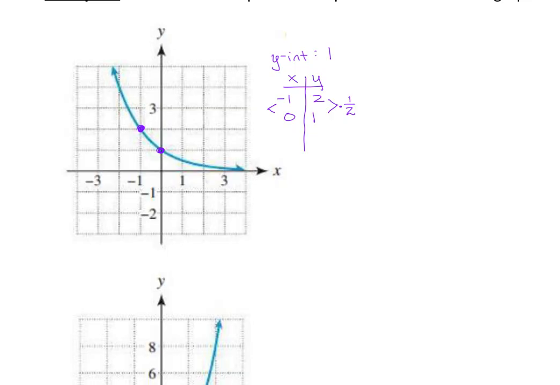All right, so when we come up with our equation, we have c is 1 and a is 1/2. And we can go ahead and simplify this. We don't have to include the 1 in our final answer. We get f of x equals 1/2 to the x.